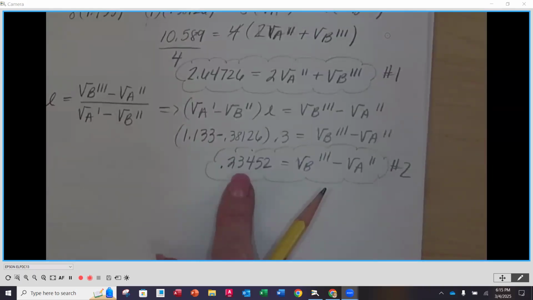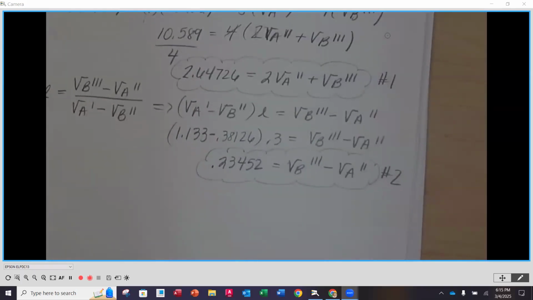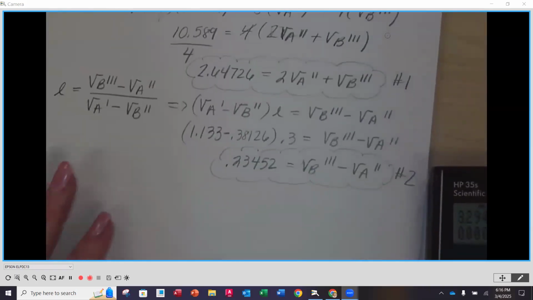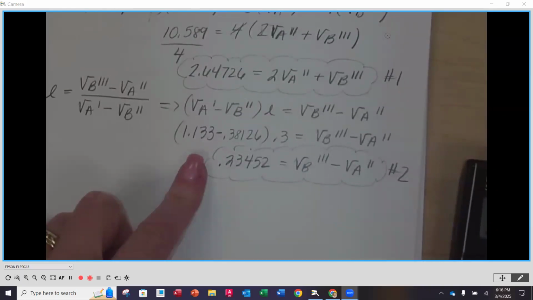For this one? I don't know. I think it's because I'm carrying values over in my calculator, not rounding them forward. Maybe. I guess I'll do my numbers again.